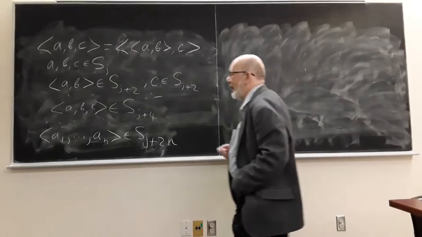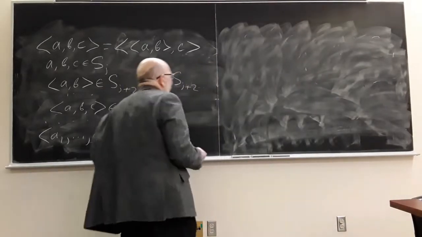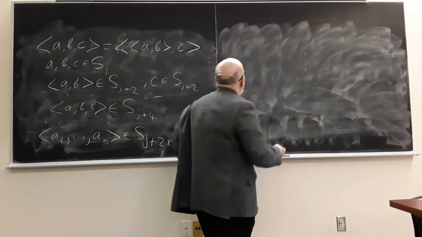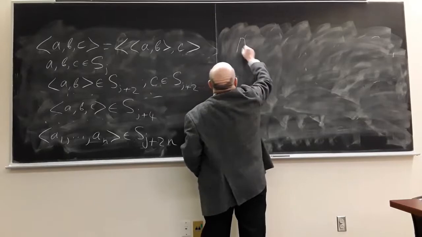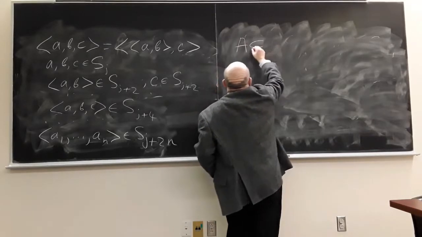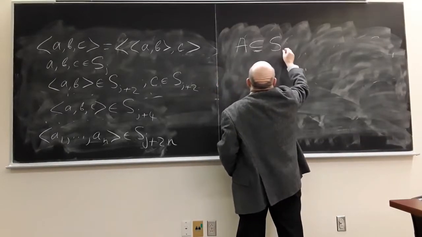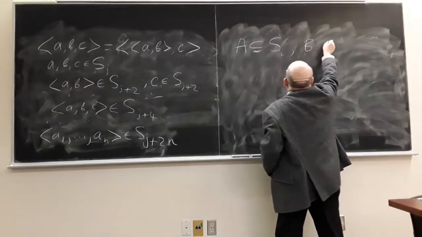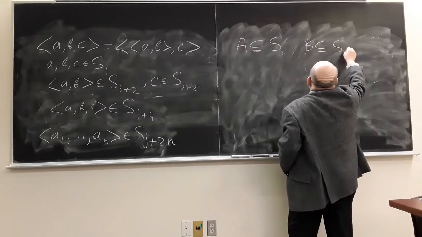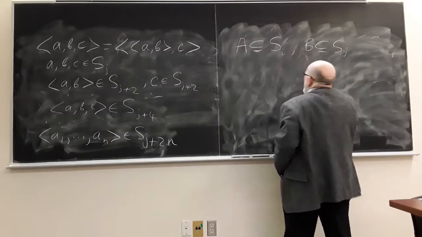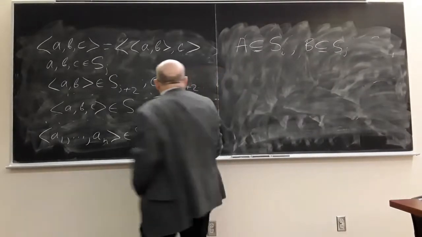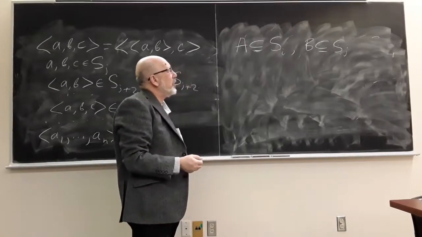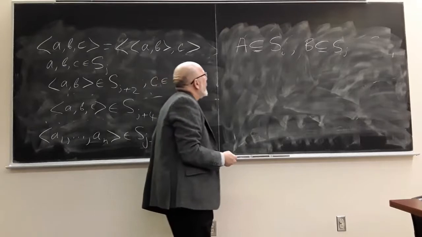Now consider the following thing. Consider the set A a subset of Si and B a subset of Sj. And now consider the following thing which we know already.